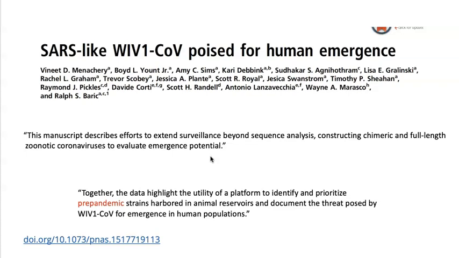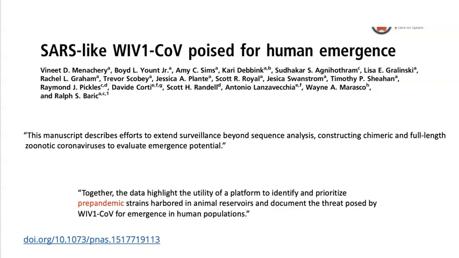That is, mice, for example, that express human receptors. Together, the data highlight the utility of a platform to identify and prioritize pre-pandemic strains harbored in animal reservoirs and document the threat posed by WIV1-CoV for emergence in human populations.